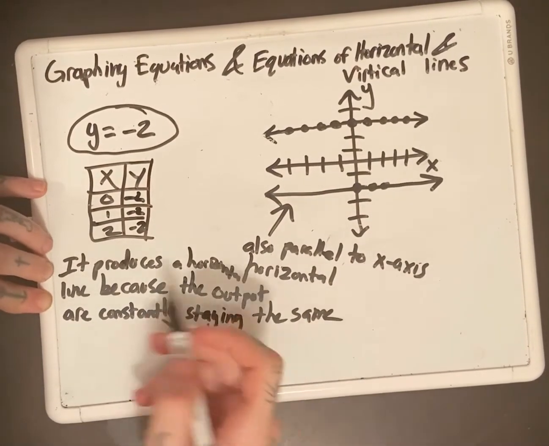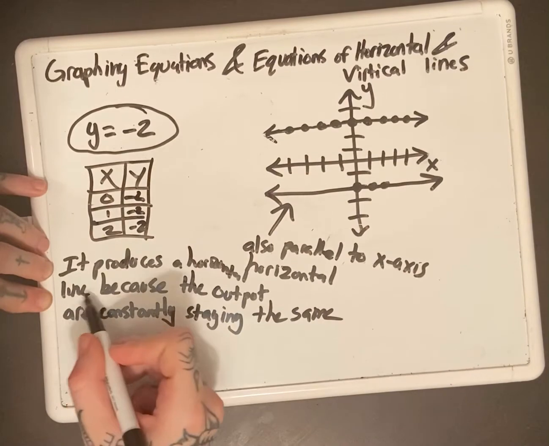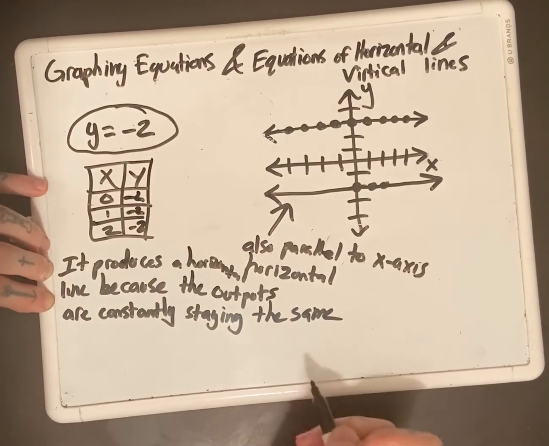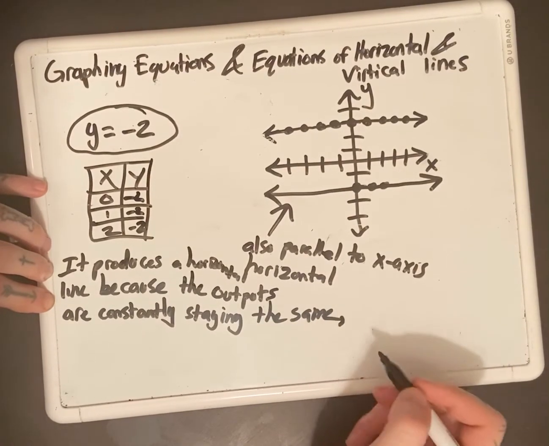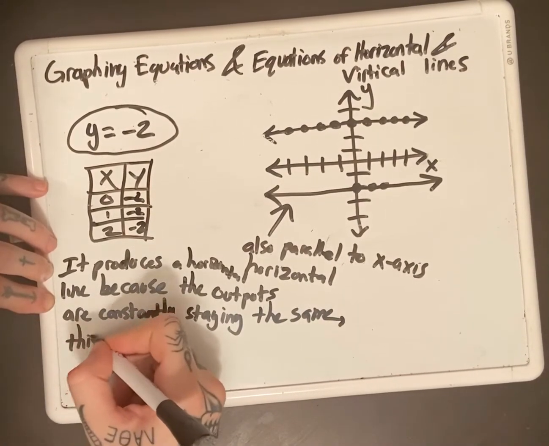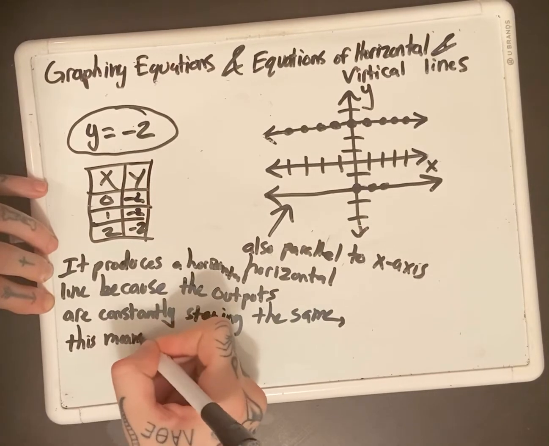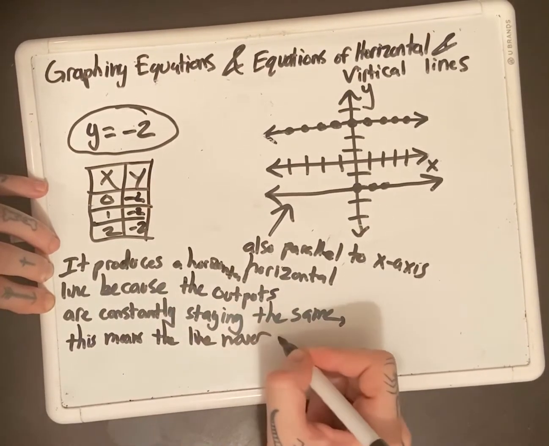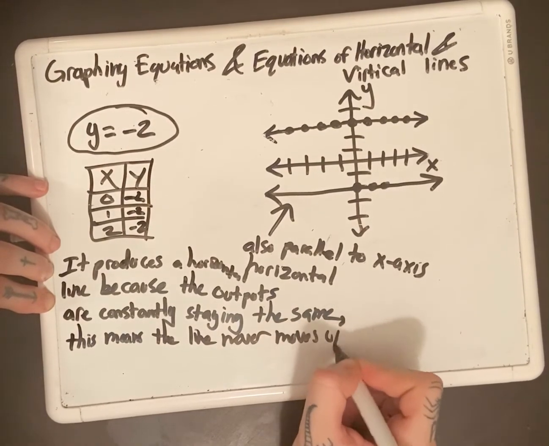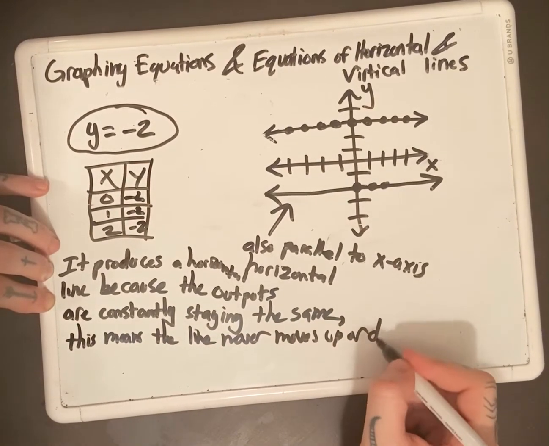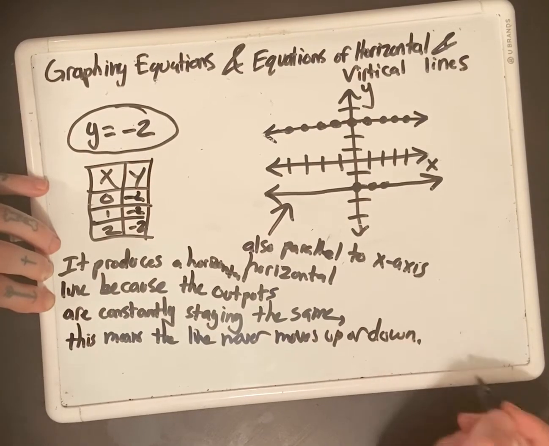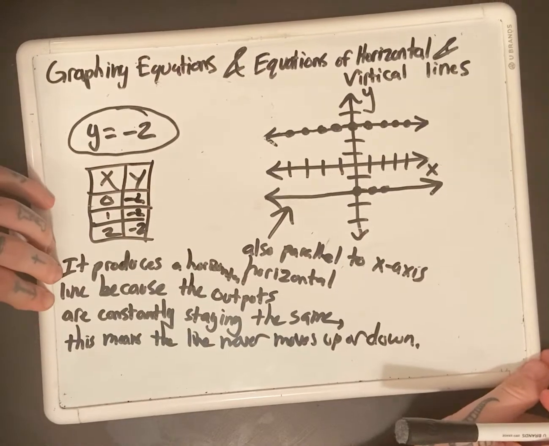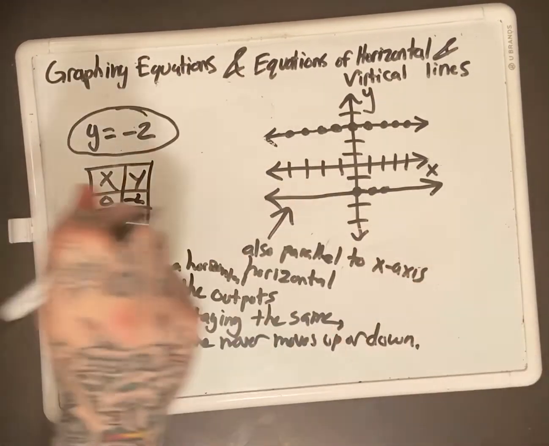All right, so it produces a horizontal line because the outputs are constantly staying the same, okay? This means the line never moves up or down. And that's just another way of thinking of having a slope of 0, okay?